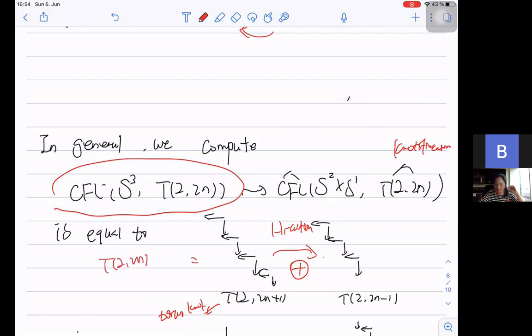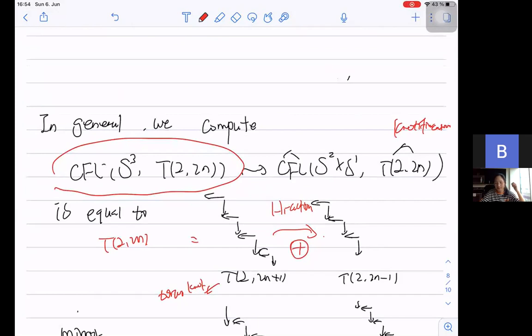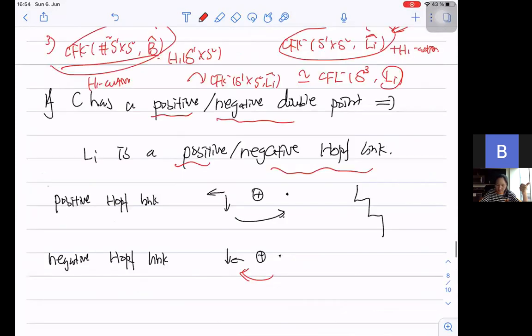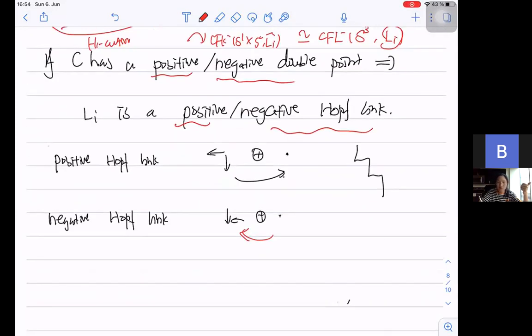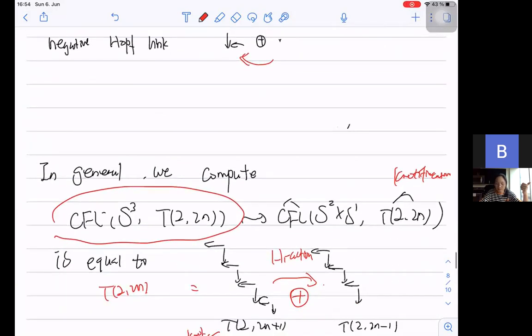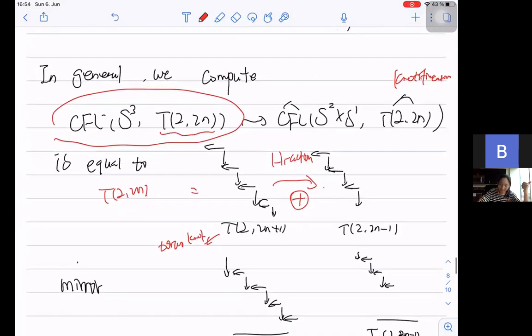The H_1 action you can recover sends the subcomplex corresponding to T(2,2n+1) to the complex corresponding to T(2,2n−1), which is very straightforward. So you know the d-top and d-bottom very easily. And for negative double points, we need to consider the mirror of the Hopf link, the negative Hopf link. So we also compute the chain complex of the mirror of the torus link T(2,2n).